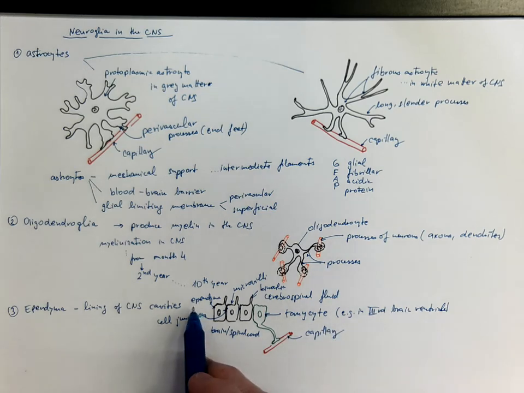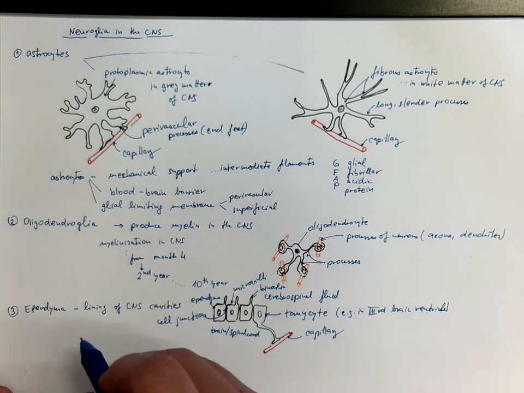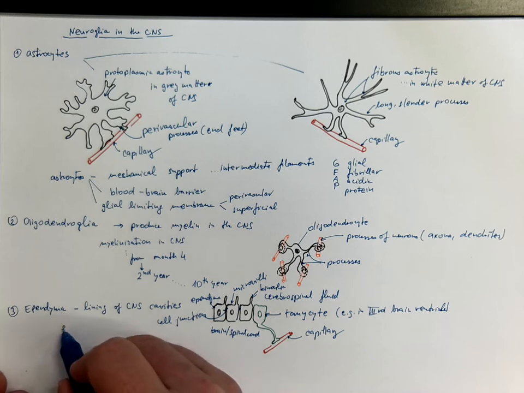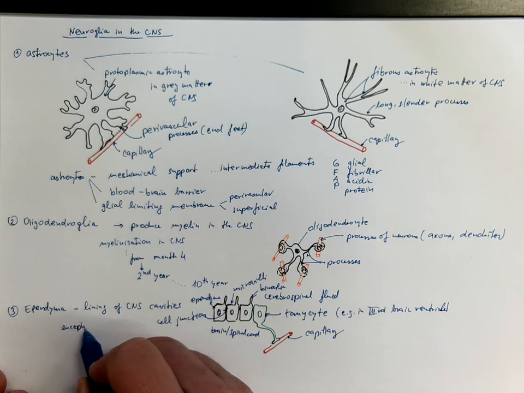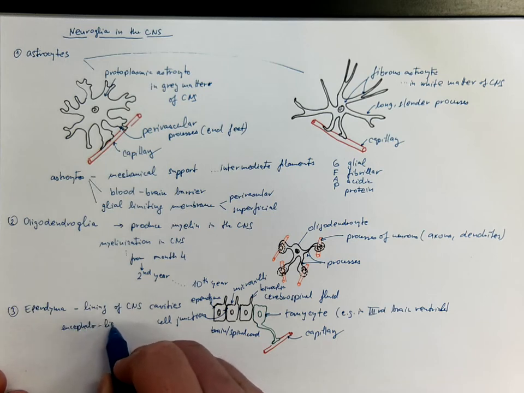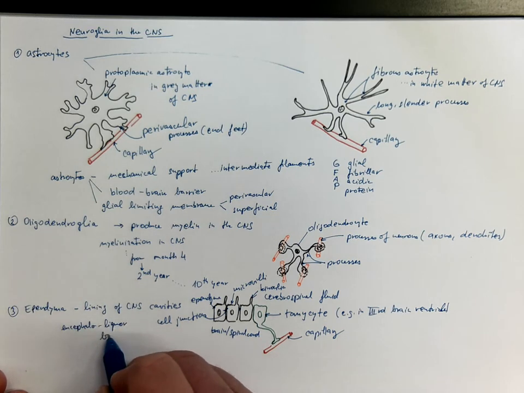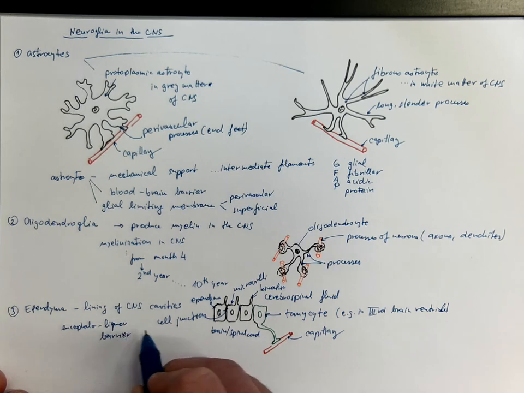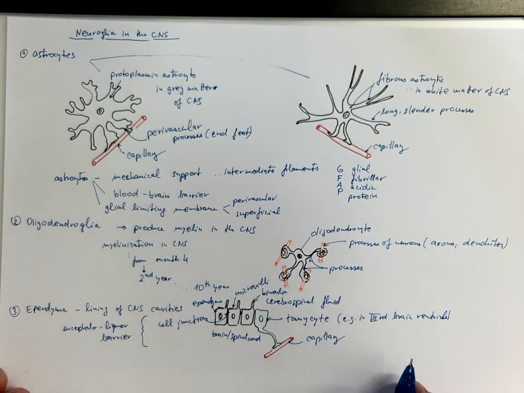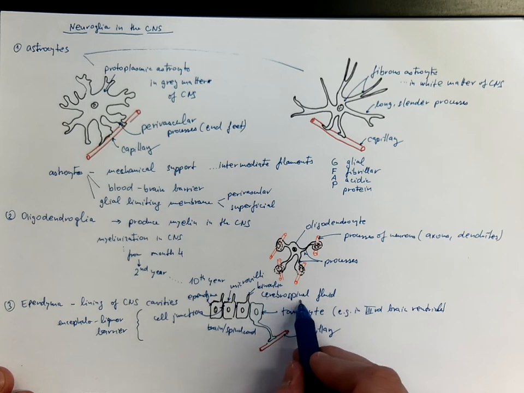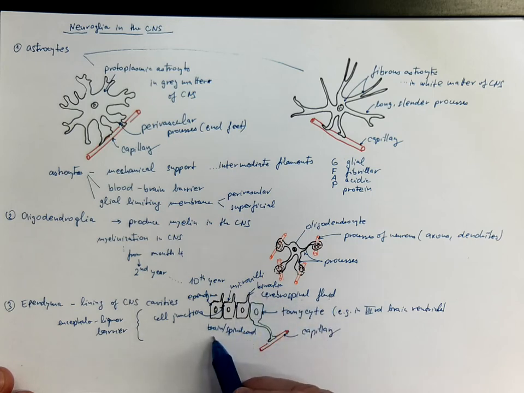So as such, ependyma cells are part of the encephaloliquor barrier, which is the barrier between the cerebrospinal fluid on this side and the brain or spinal cord tissue.